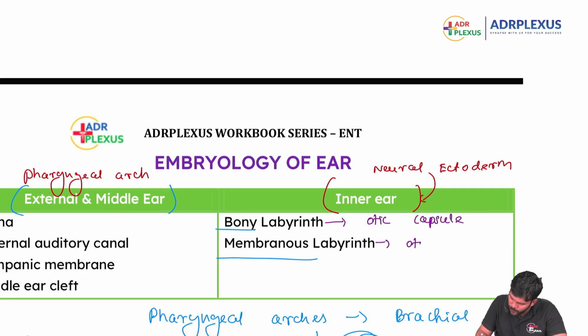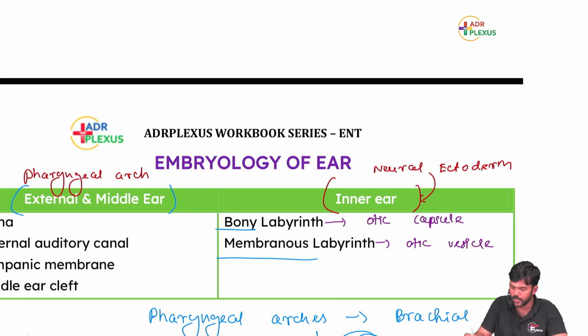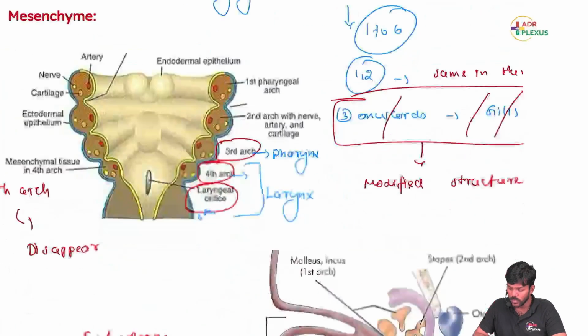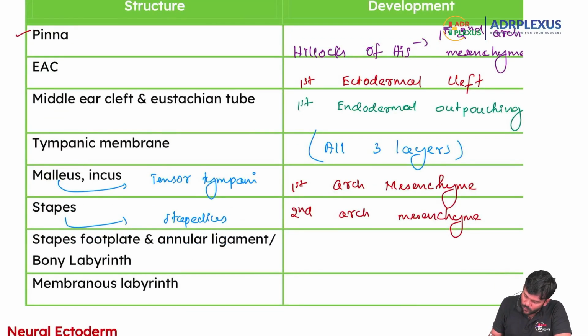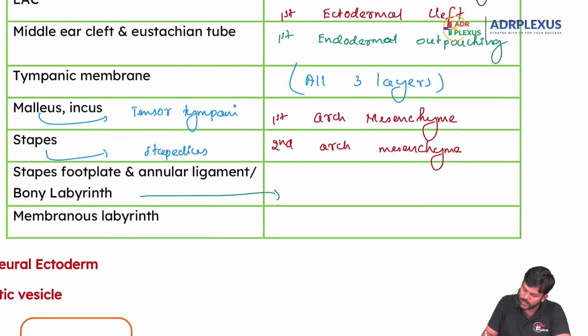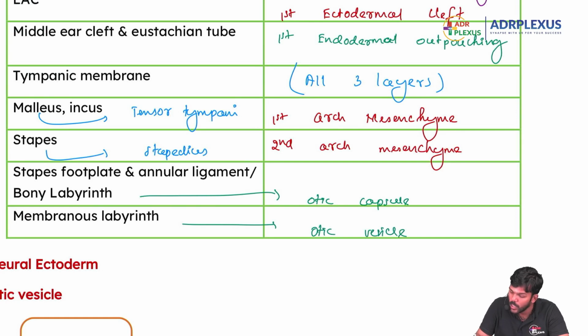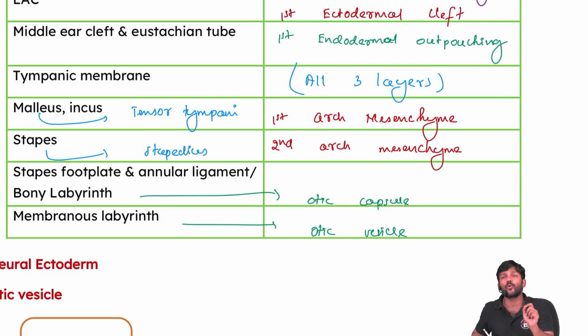Membranous labyrinth from the otic vesicle. Understood? Yes. So the bony labyrinth forms from otic capsule, sir. The membranous labyrinth forms from otic vesicle, sir. Yes, sir. Understood, sir.